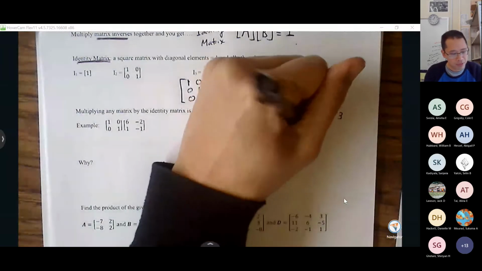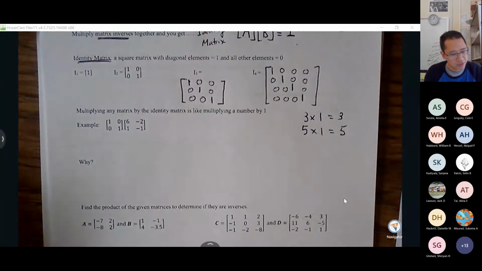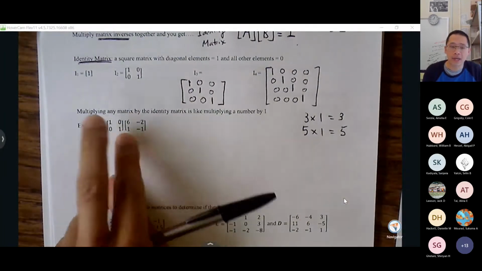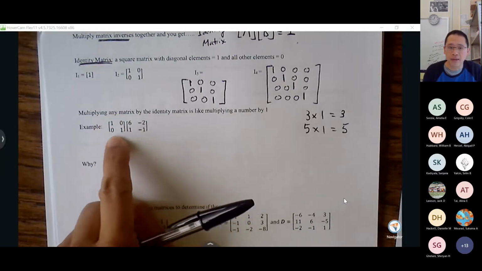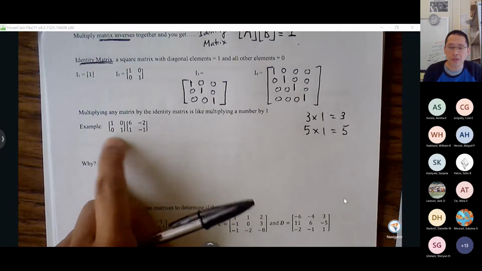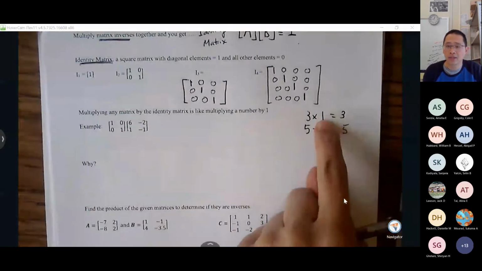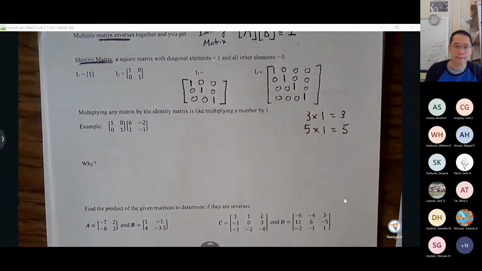Or if I did 5 times 1, I'm still going to get 5. So if I multiply a matrix by an identity matrix, I should get back to where I started, and my identity matrix is basically just going to be invisible. It's not going to change my value, just like times 1 is not going to change the 3 and it's not going to change the 5.